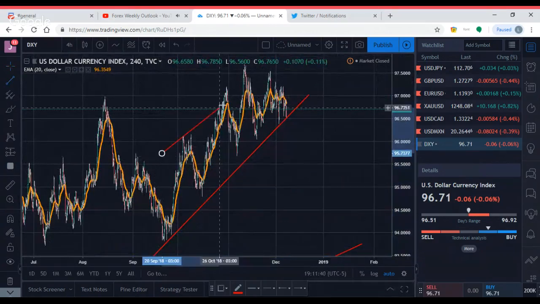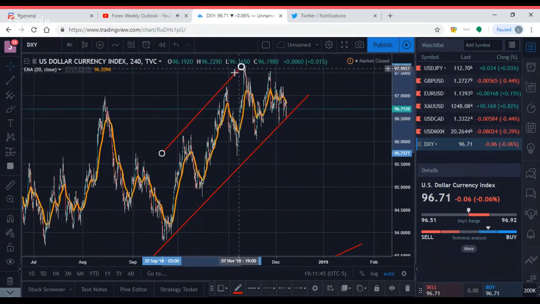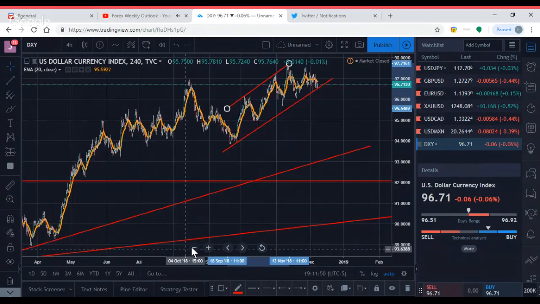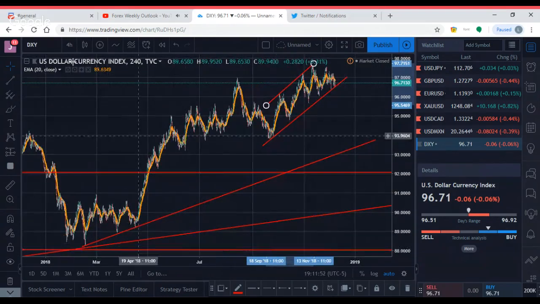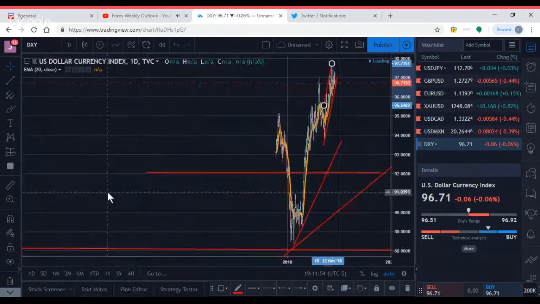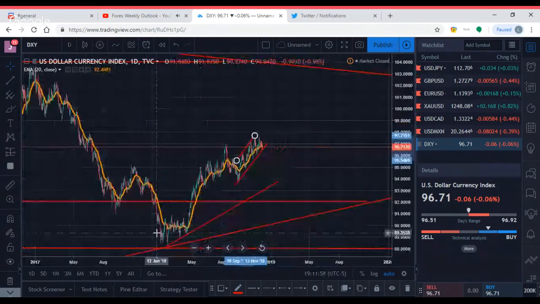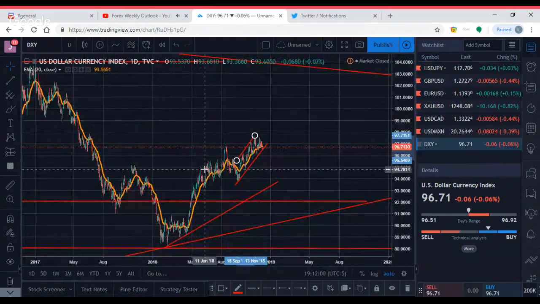Now me personally, I see this range as topping out just because the angle has increased. Let me zoom out somewhere. It went up, came down, maybe to the support line, came up some more, came back down.